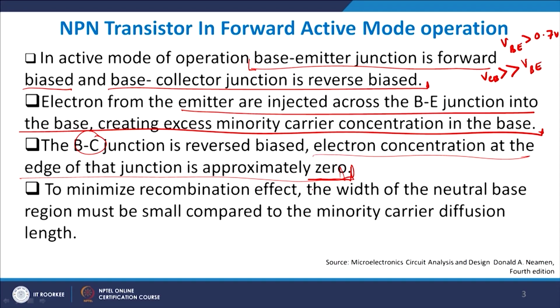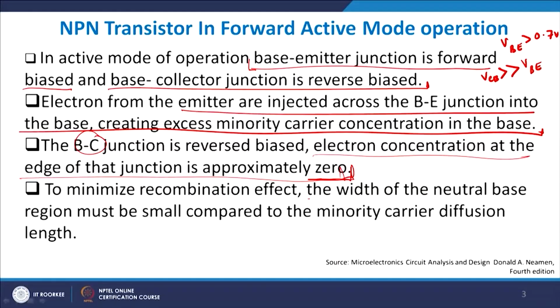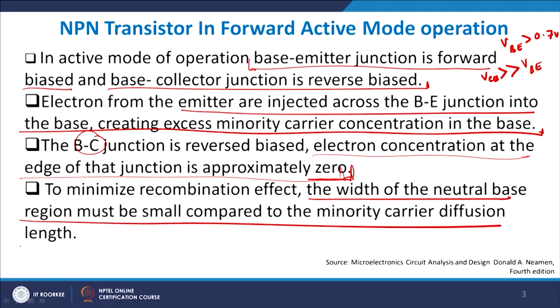Now, to ensure that the minimum number of electrons get recombined in the base region, the width of the base region should be very small as compared to the total dimension of the device. I will explain this term in more detail. It says that the width of the neutral base region, why?